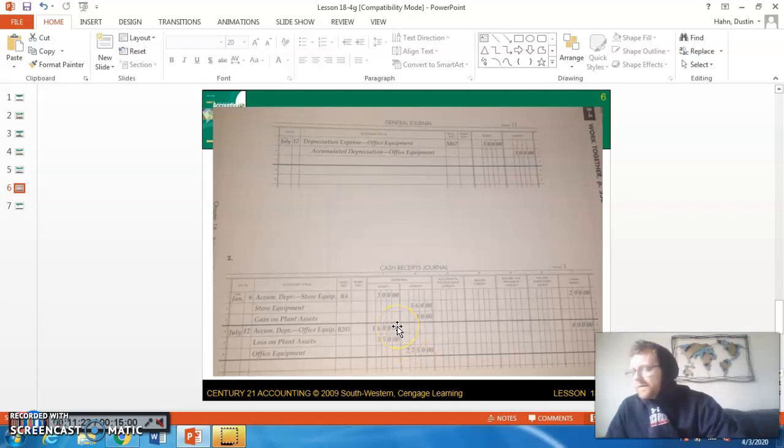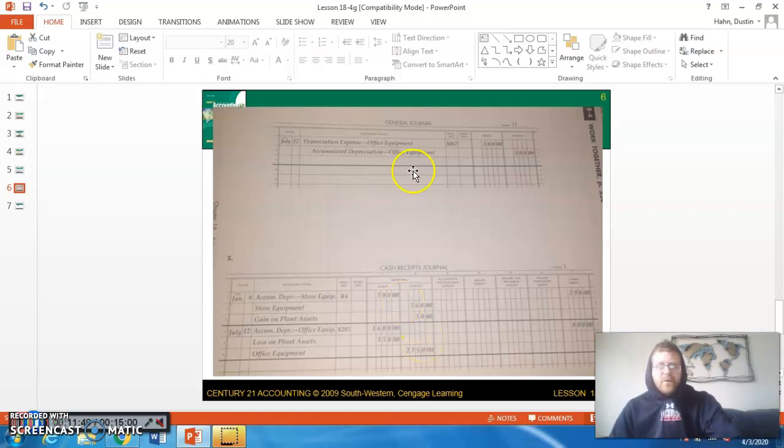And then that $1,600 is your accumulated depreciation from that notebook computer on section 3. So here are two examples. One is when you make money off the asset that you got rid of. And then here's another example of you losing money on that asset when you got rid of it.